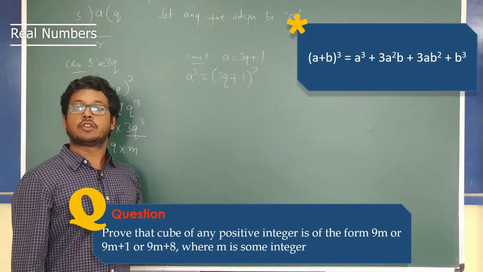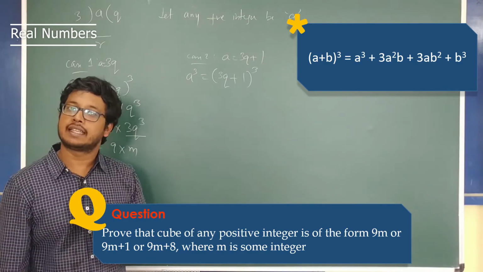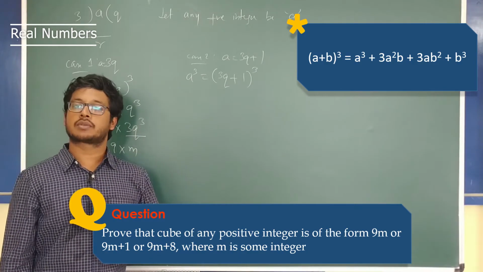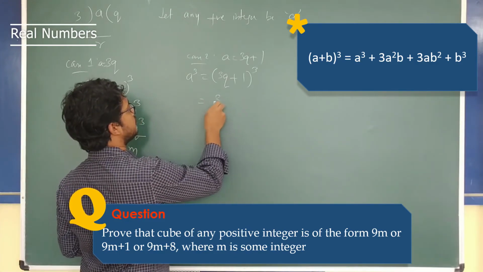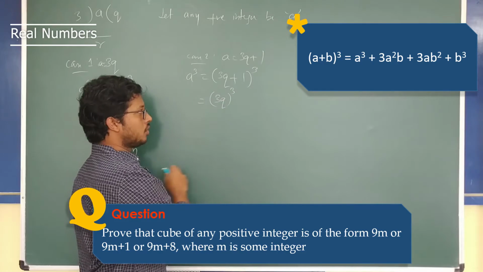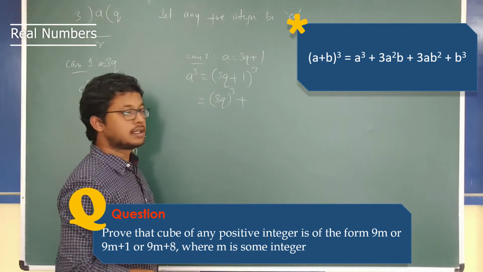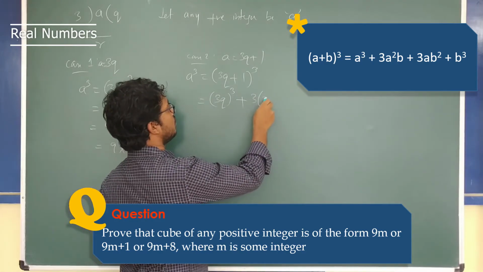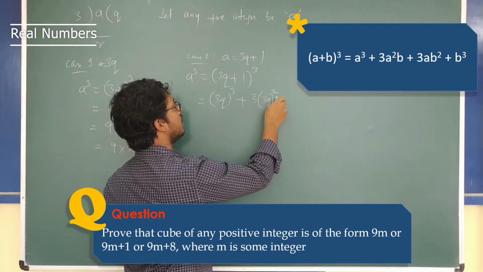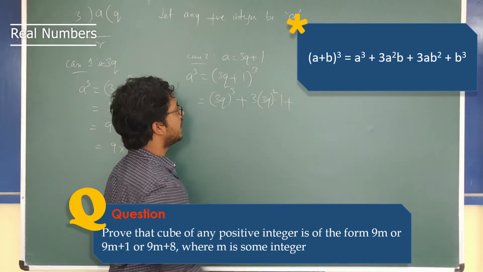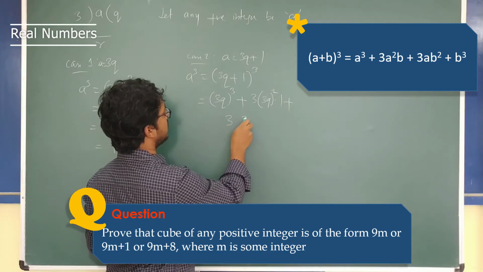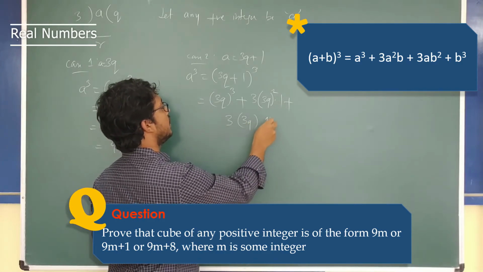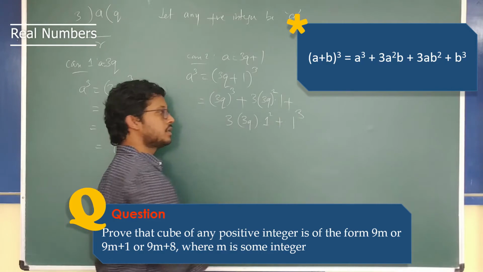So a plus b whole cube is a cube plus 3a square b plus 3ab square plus b cube. Alright, so let's apply that: 3q whole cube plus 3 into 3q whole square into 1 plus 3 into 3q into 1 square plus 1 cube.